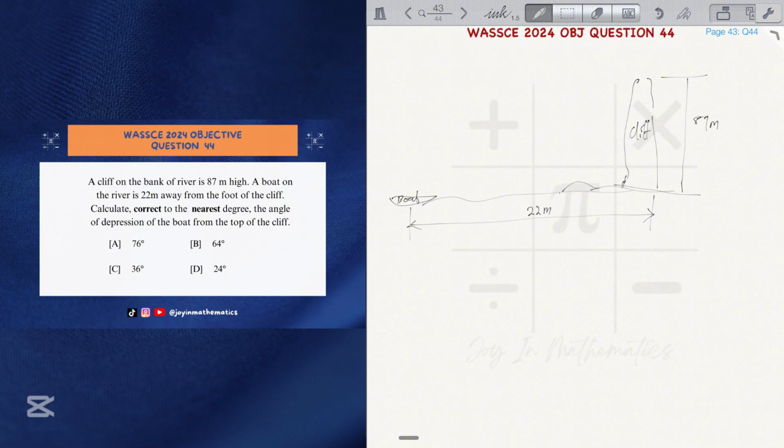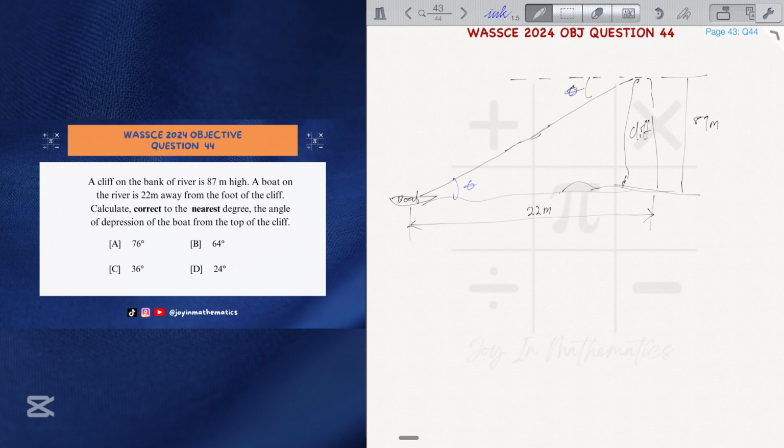So we are looking for the angle of depression. This is the line of sight, and the angle of depression will be this angle, theta. So we have to look for theta, which is the angle of depression. And angle theta here is the same as this angle theta here because of alternate angles.